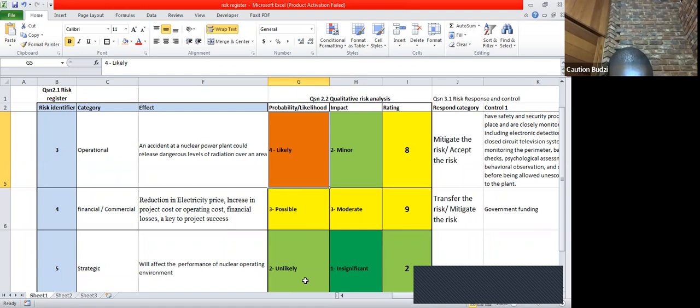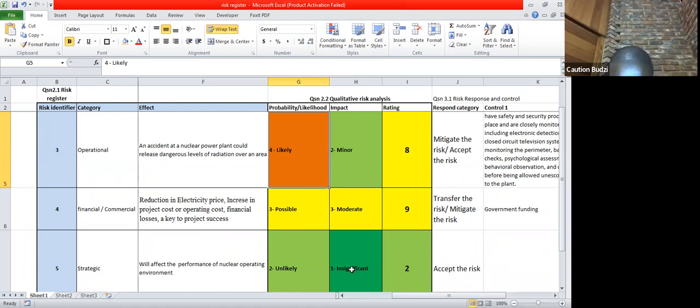So the probability that there are changes in government operations, policies, and guidelines is highly unlikely. And if it happens, the impact will be insignificant. So the rating is 2.